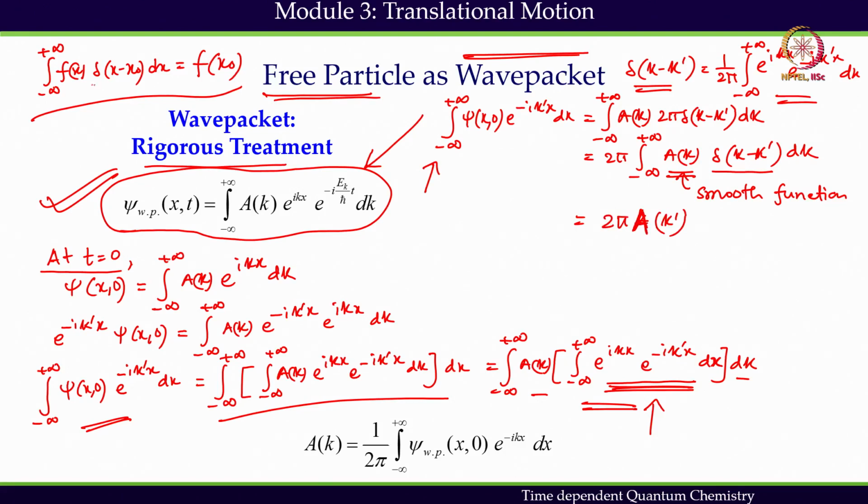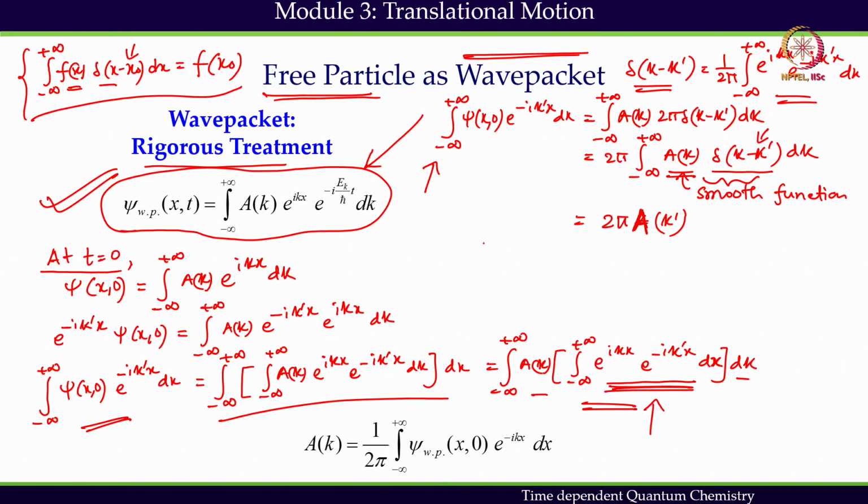Just like here, if it is a product of the delta function and a continuous function f x, then this integration will give me the value of the function at x naught. Similarly, this integration will give me the value of a k at k dash, and that is what you have written here.